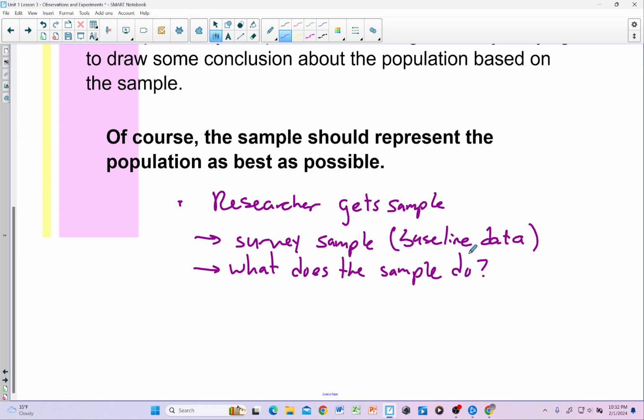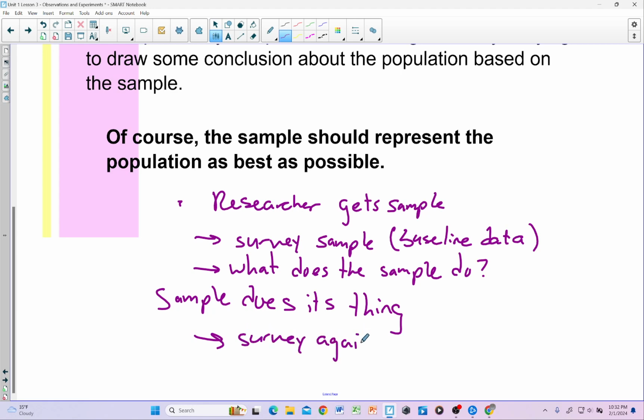So the sample just does its thing, and the researcher doesn't touch it. And then at the end of the study, the researcher maybe does another survey to see what's changed. The key there is the survey part.